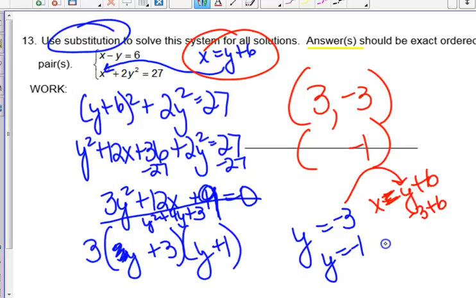If I put in a negative 1, negative 1 plus 6 is 5. If I try squaring those, I'd get 9, and 2y squared would be 18. 9 and 18 add up to 27. Square this, I get 25. Square this, I get 1. 25 plus 2 times 1 is 27, so they work.